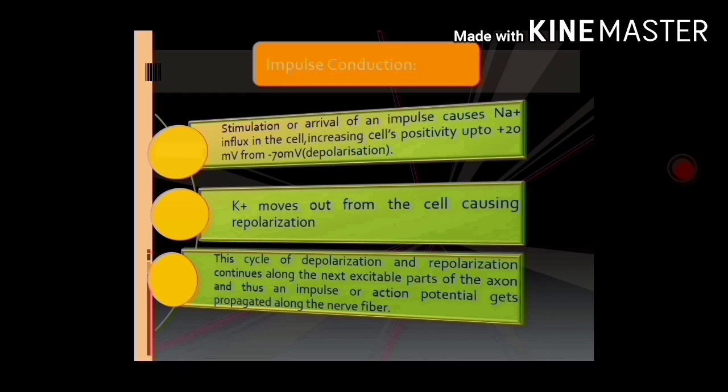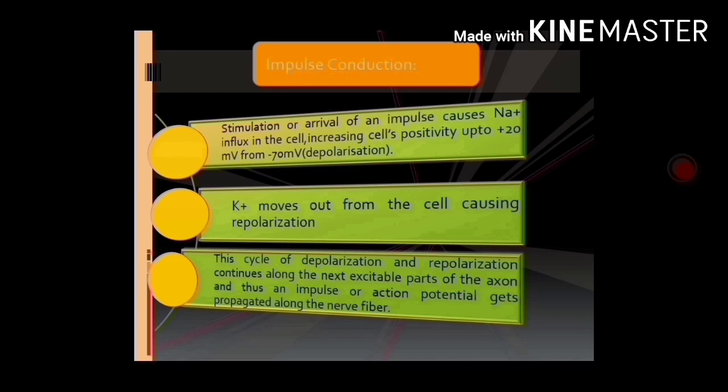As soon as an electrical impulse arrives at a nerve fiber, it causes a sudden increase in sodium permeability. As such, sodium ions enter the nerve fiber through sodium channels and change the polarity of the inside of the cell, that is, depolarize the cell.